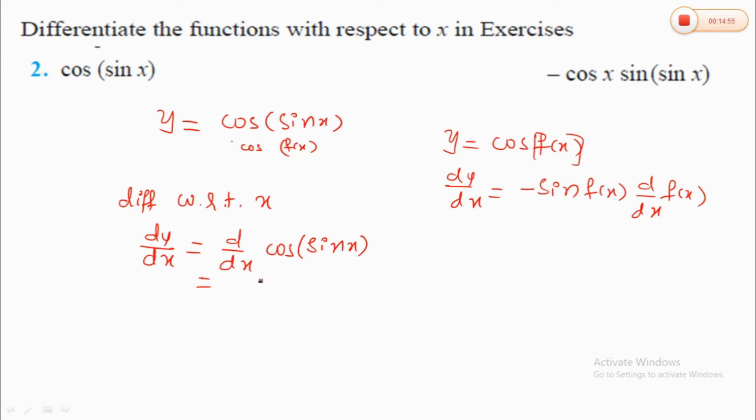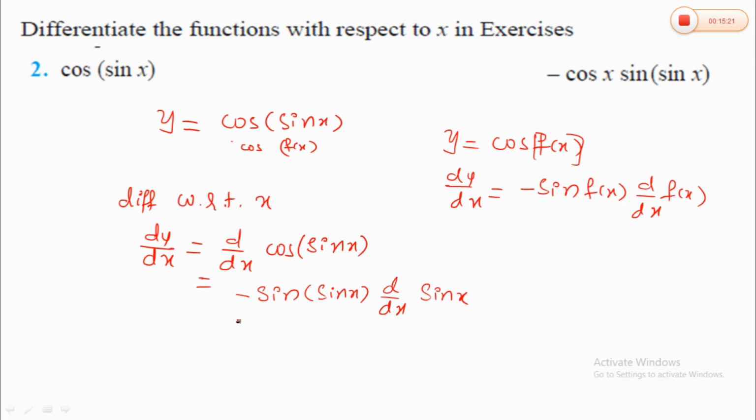So the derivative of cos, we first come across cos of f(x). f(x) is sin x here. So therefore the derivative of cos is minus sine. So write f(x), sine of f(x), then dy/dx of f(x), which is here sin x.